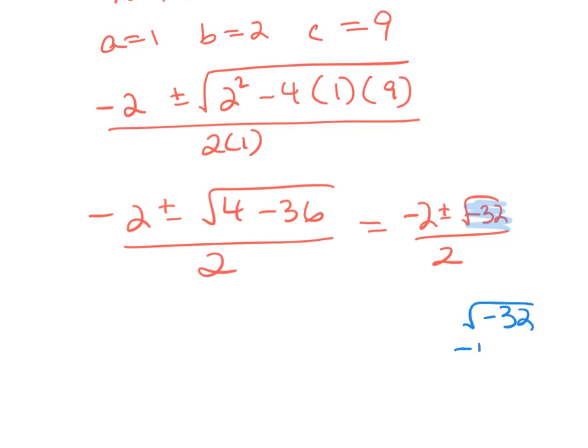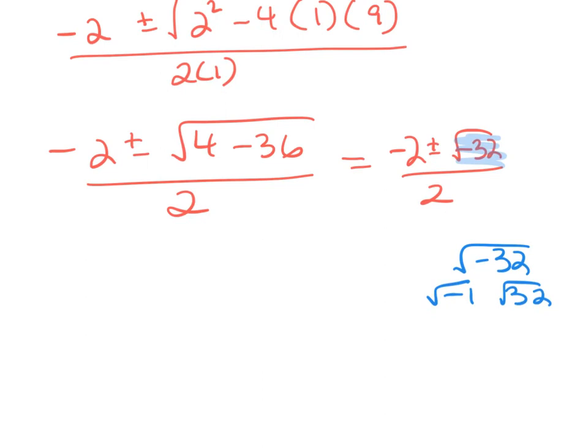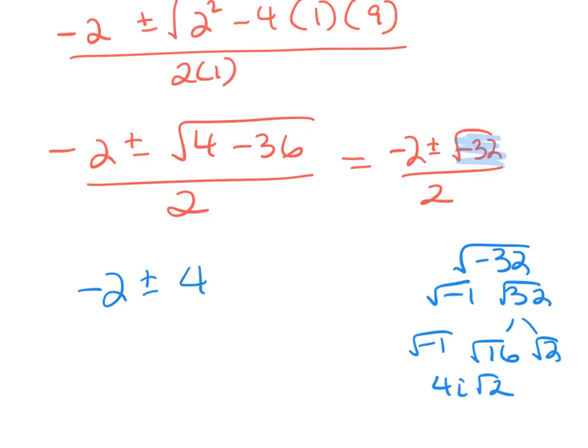So I can fix the -32. Remember, we do -1 times 32, and then I can break 32 into 16 times 2. So then this gives me 4i square root 2. So now I have negative 2 plus or minus 4i square root 2 over 2.